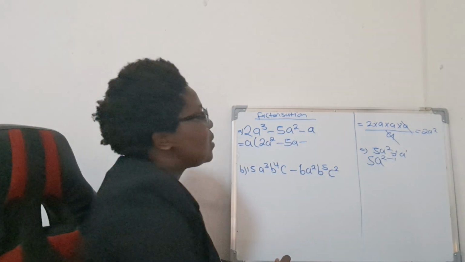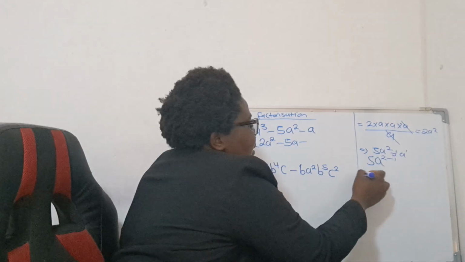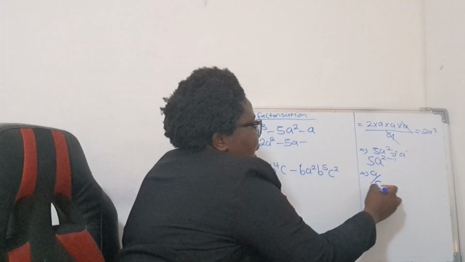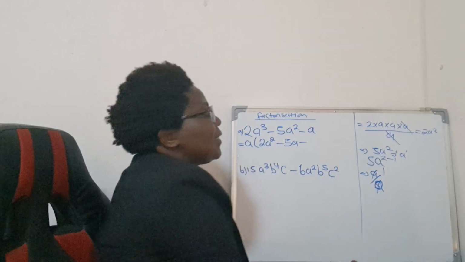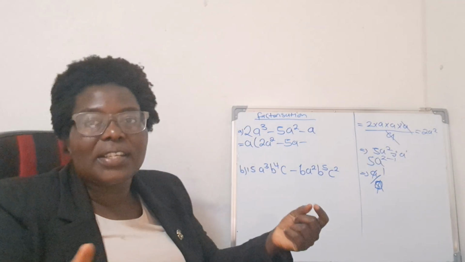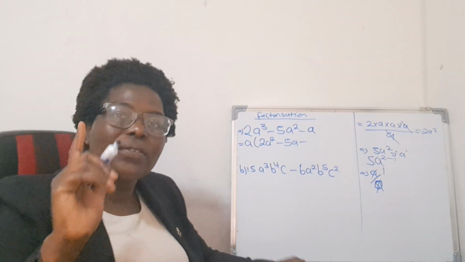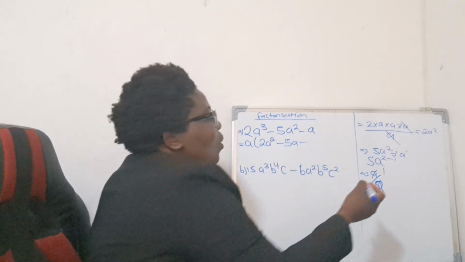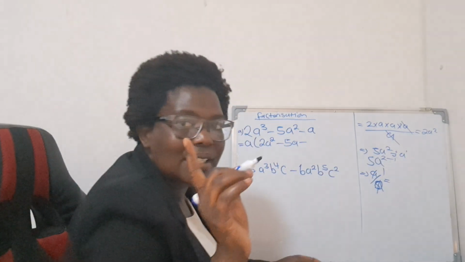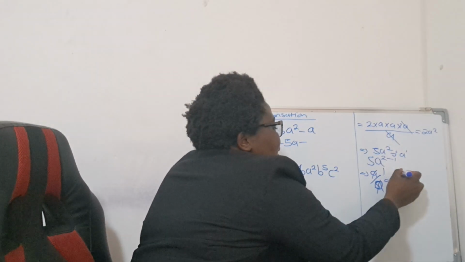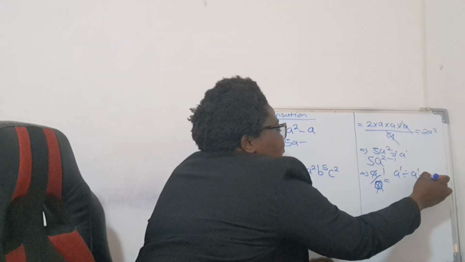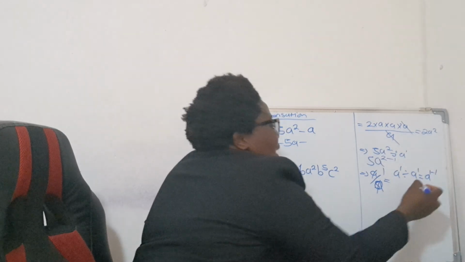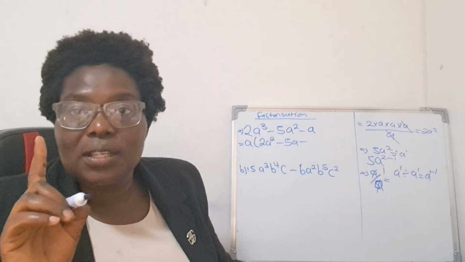And then a divided by a should be 1. Any letter divided by itself gives you 1. Or if you want to use the subtracting method, it's a to the power of 1 divided by a to the power of 1, which gives a to the power of 1 minus 1, that gives us 0.